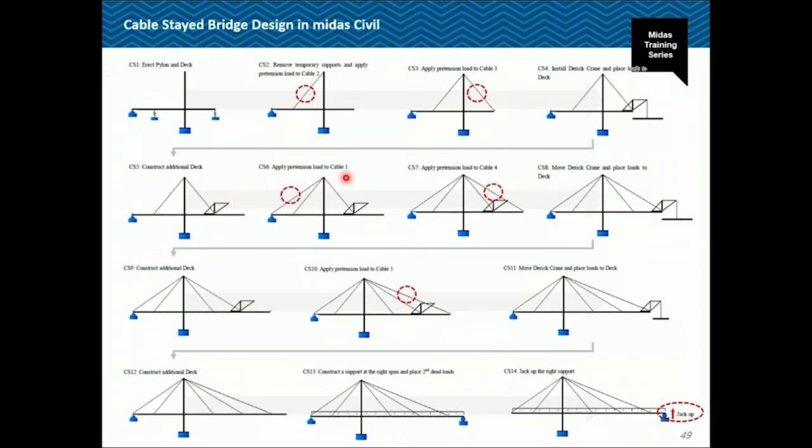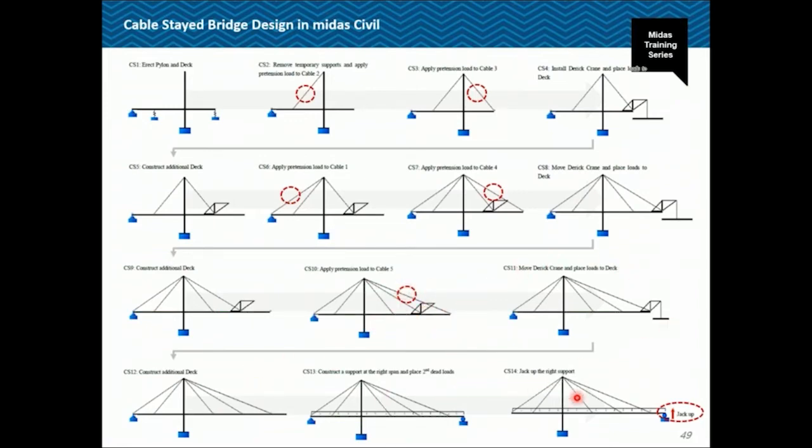Next, CS6, apply pretension load to cable 1. Then cable 4 is installed and then pretensioned. Then CS8, where the derrick crane moves and places the loads on the deck. The next segment would be erected, then construct additional deck, then cable 5 would be installed and pretensioned.